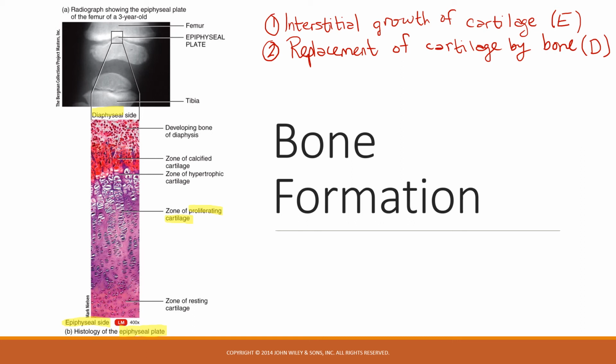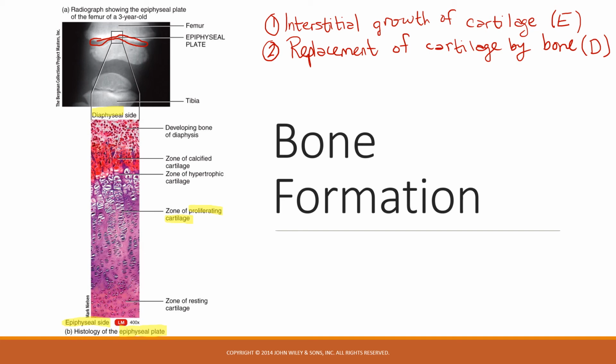So on this radiograph here of the epiphyseal growth plate, you can actually see that it appears as a dark band between calcified areas on the X-ray. You can kind of see that dark band here. This is actually going to be the growth plate. It's that dark band, and this is because bone looks white, but anything else, like cartilage, will actually appear black.